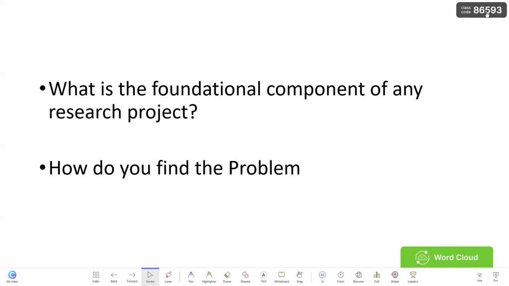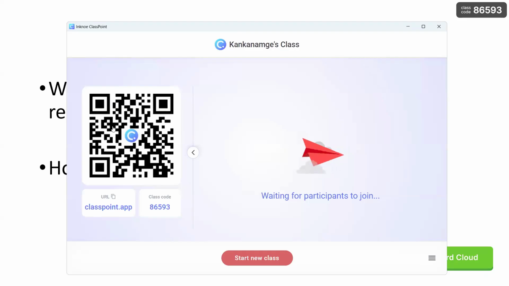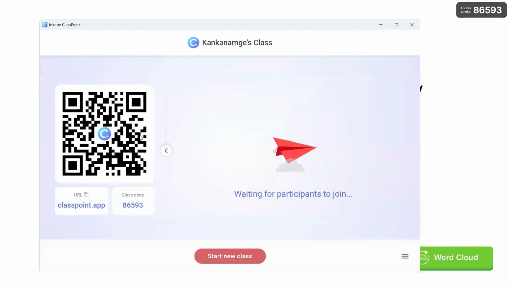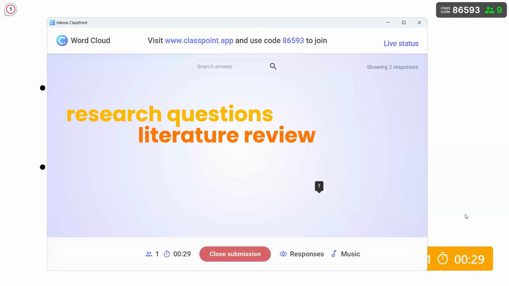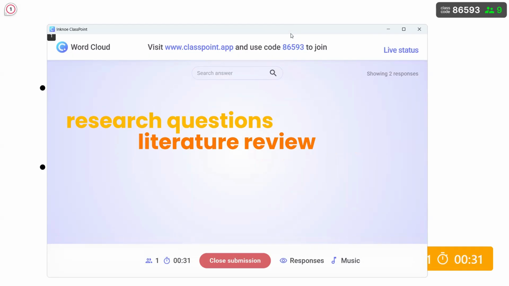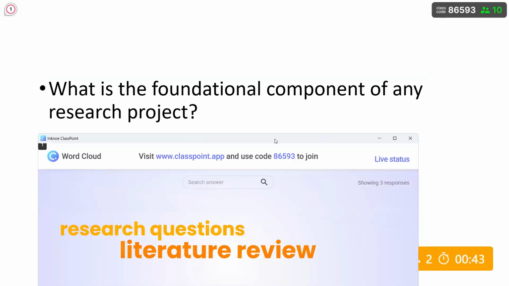You can use this class code here, scan this QR code with your mobile phones, and log in. When you scan this, you can log in to this particular slide. The question is, what is the foundational component of any research project? You can answer now.